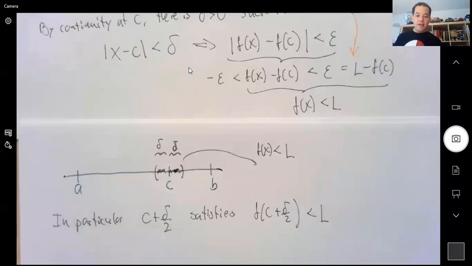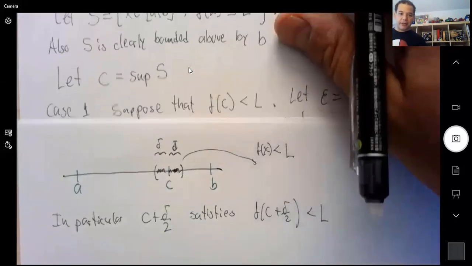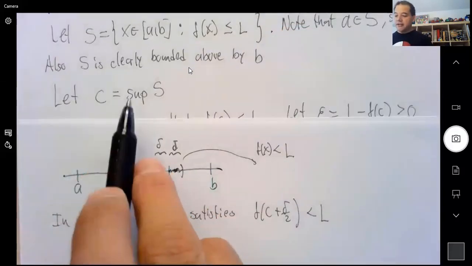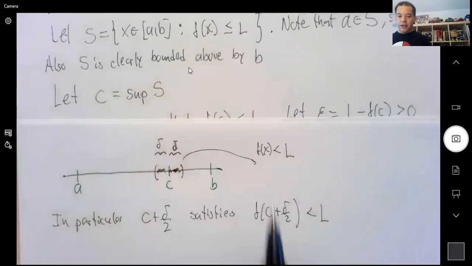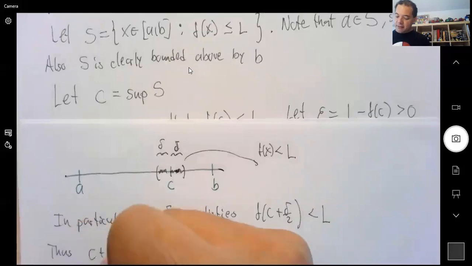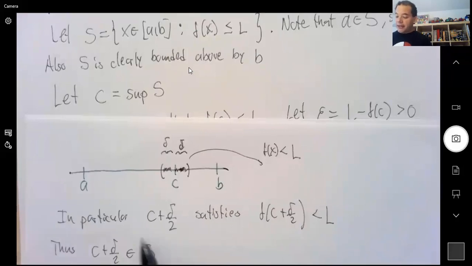Well, that's a problem, you see. Why is this a problem? Let's remember what C was to begin with. Here's the definition of C. C was the supremum of S, the numbers that are less than L when you apply the function. This number, when we apply the function, gives me less than L, so c plus delta over 2 belongs to S. But how can a number that belongs to S be bigger than the supremum?